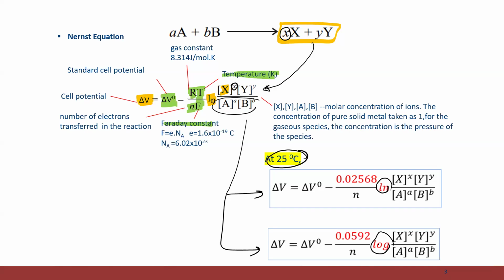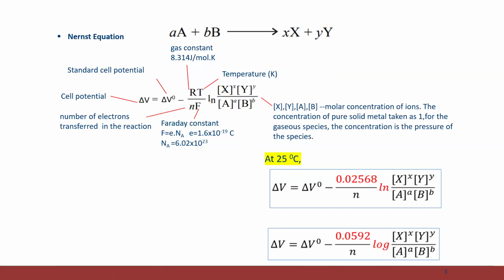RT divided by nF times ln of X, Y. So these capital letters are molar concentrations: capital X, capital Y, capital A, capital B are the molar concentrations of the solution for the different elements. And small a, b, x, y are, when you are balancing an equation, the number in front of that particular element.